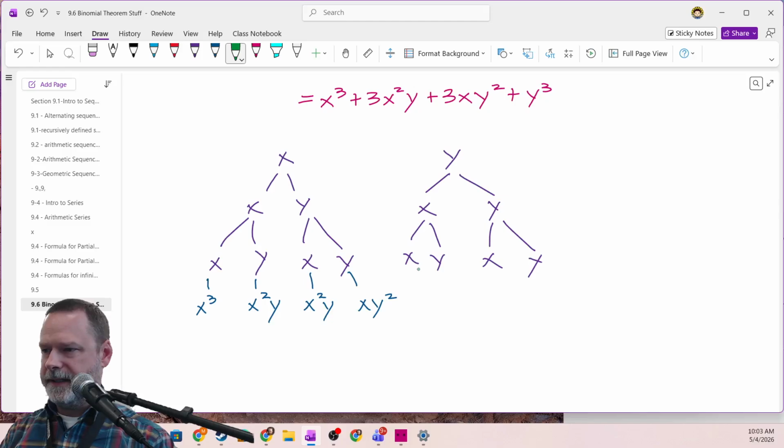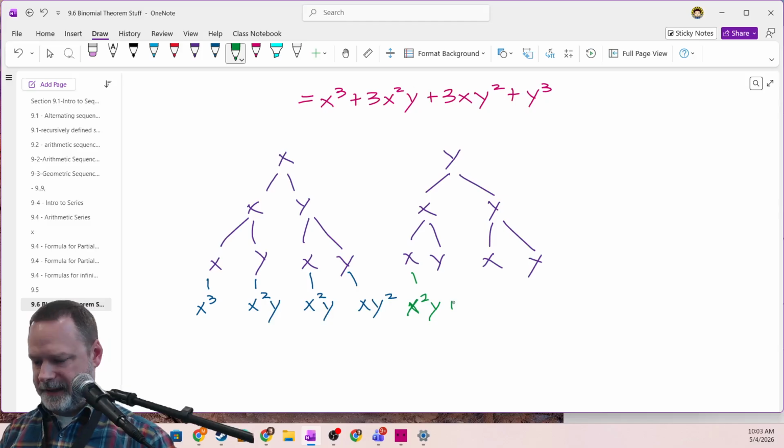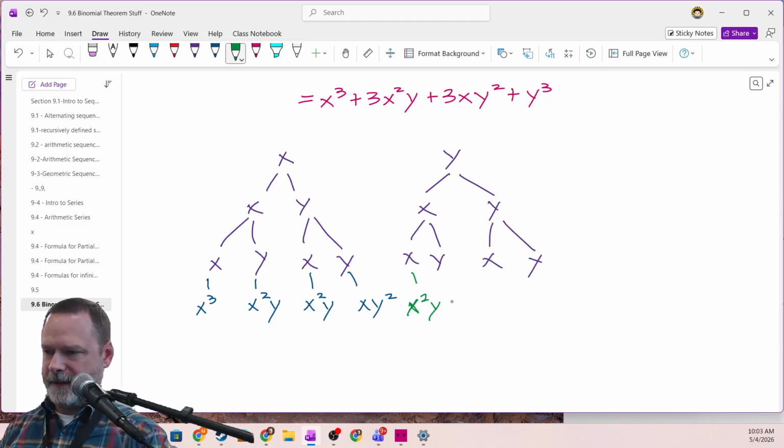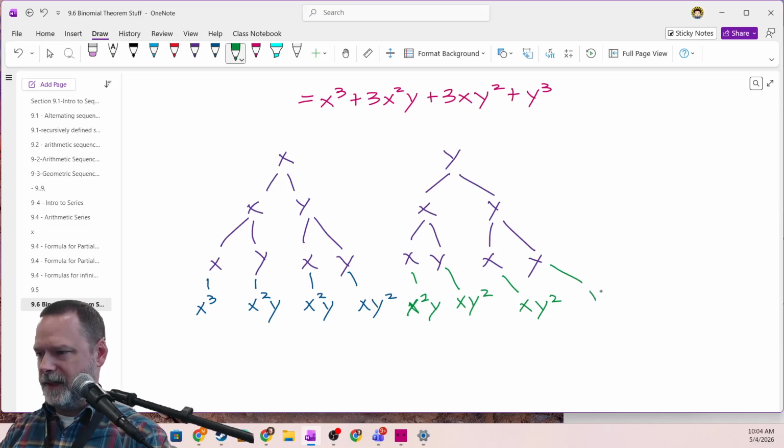And then over here, y times x times x, that's an x squared y; y times x times y, that is xy squared; y times y times x, that's an xy squared; and then y times y times y was our y cubed.